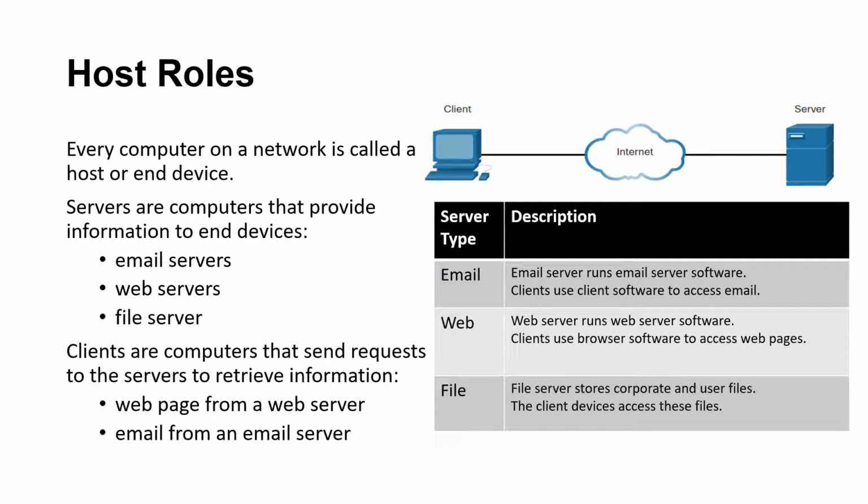Email servers run email server software, and clients use client software to access this email. Web servers, on the other hand, are used to access web pages. File servers store corporate and user files.